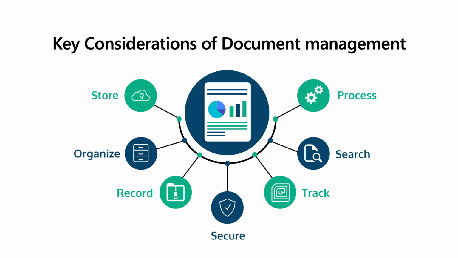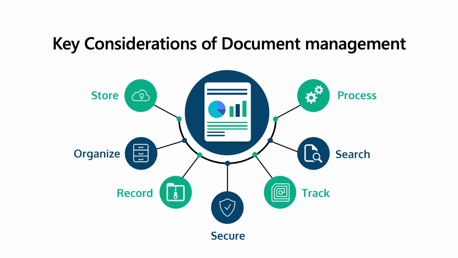The second consideration is organization. That is how the document should be stored, the categorization and the classification methodology that needs to be applied. Records management typically answers the question of how long the documents are to be stored. This is expected to be different based on document type and the compliance policies associated.